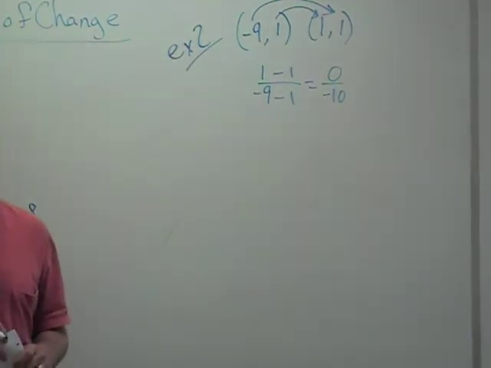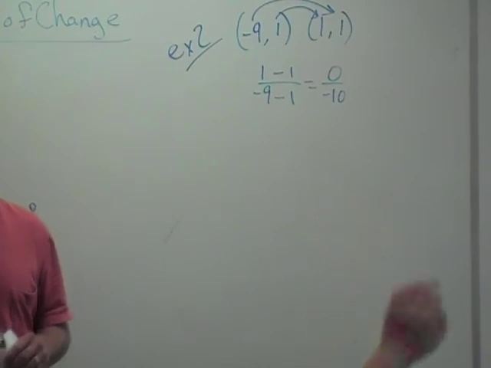Who got that? Y is over x is 0 over negative 10.